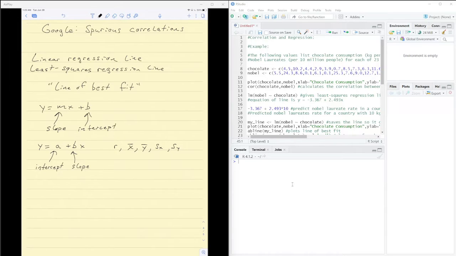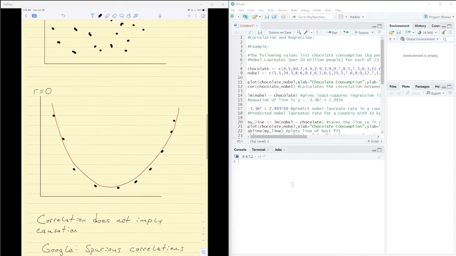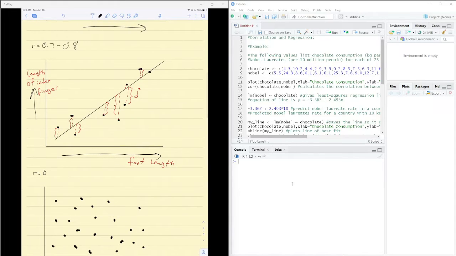One point that will always be on your line is the point x bar, y bar: the mean of the x values and the mean of the y values. So if you took these points, let me clean this up.